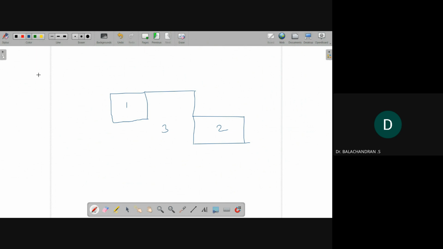Okay. So if I remove this edge, this face and this face are together. After removing one edge, the number of faces is reduced by 1, because the resulting graph is like this.